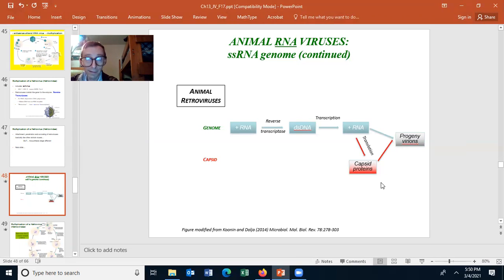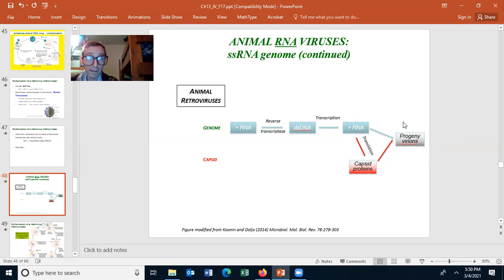The host cell ribosomes will read it and make the viral capsid proteins in protein translation. Then the positive single-strand RNA can move out of the nucleus and get together with the capsid proteins, making the new progeny virions.